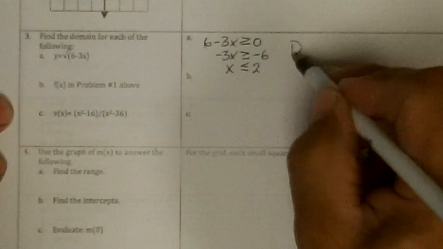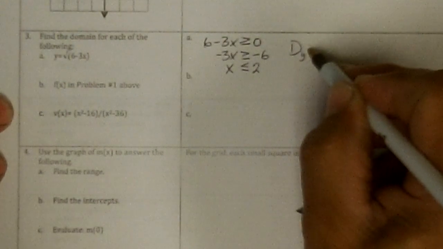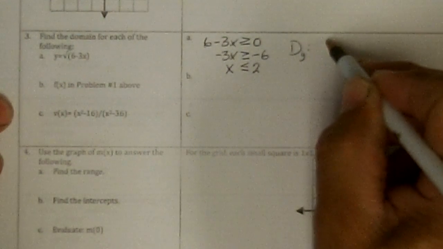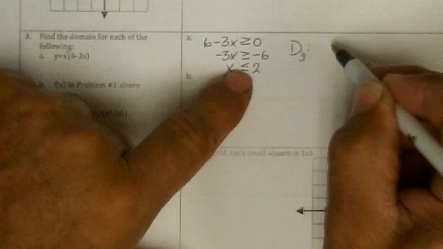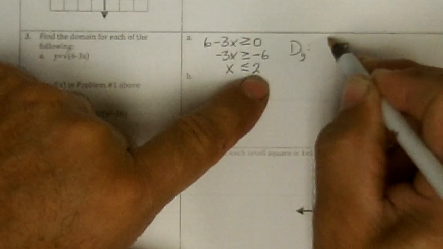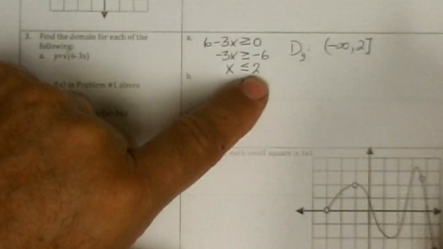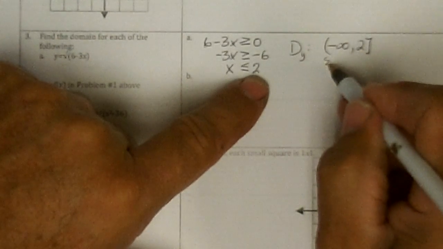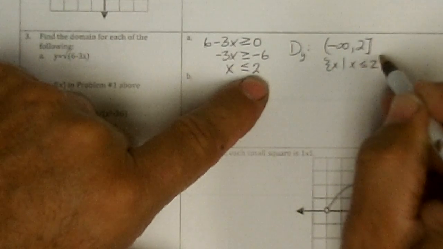And so the domain of y here is, there are several ways to do it. From x is smaller than or equal to 2, so from negative infinity up to 2, including the 2. Or I could have written it all x such that x is less than or equal to 2.